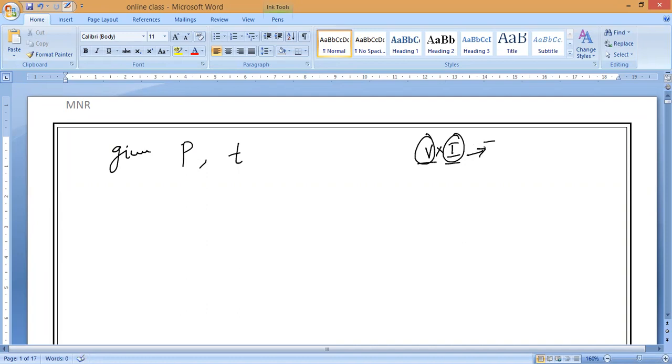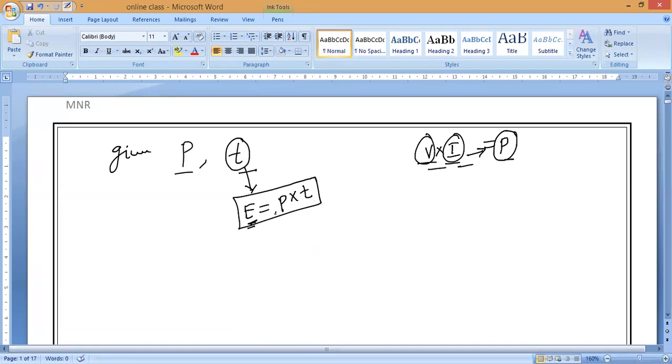With the help of this we can calculate power, and later we know the time, so ultimately we can calculate energy. Energy is equal to P into T. So first of all, find energy. If they give P and T directly, find energy. If they have given V, I and T, you have to find power first from V into I. This energy unit must always be converted into kilowatt hours.